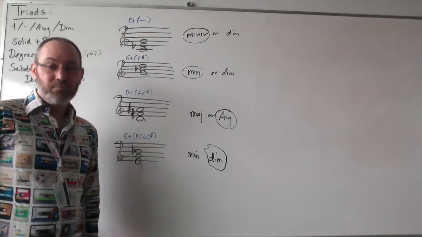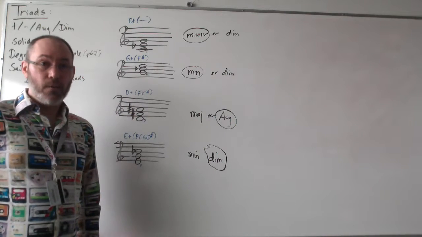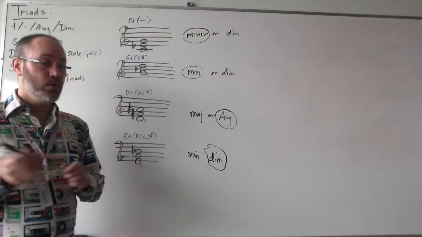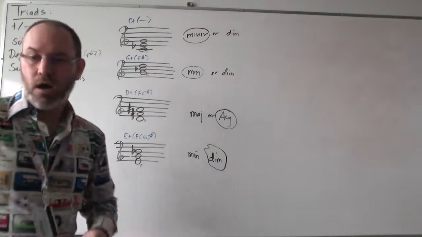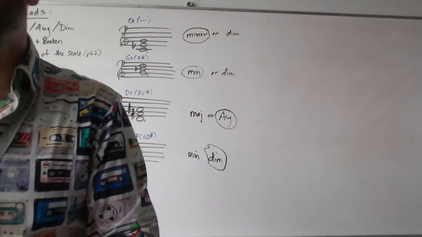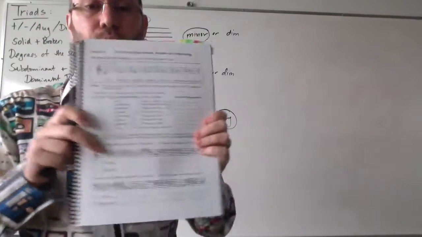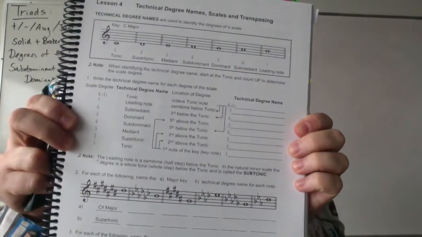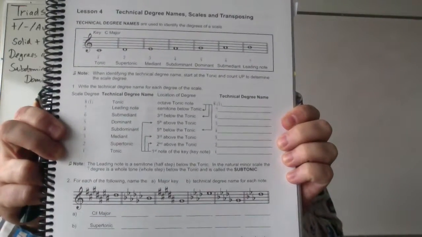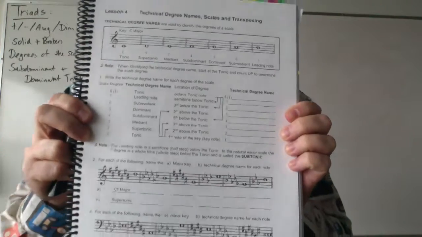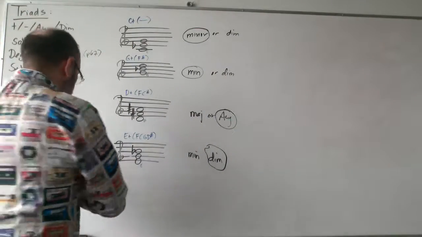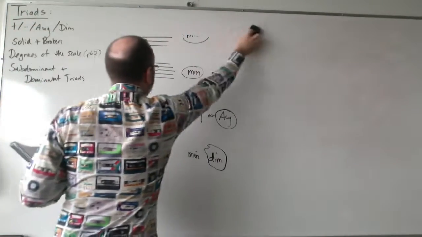All right. Okay, so the next thing I need to show you is on page 67 of your book. And it is called The Technical Degrees of the Scale.